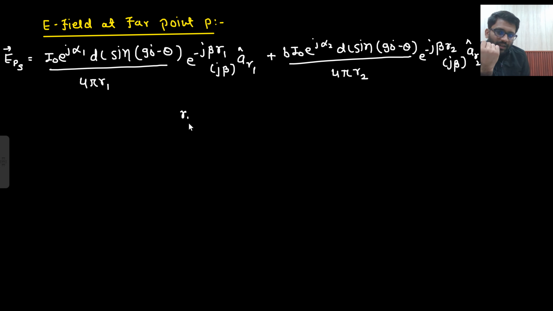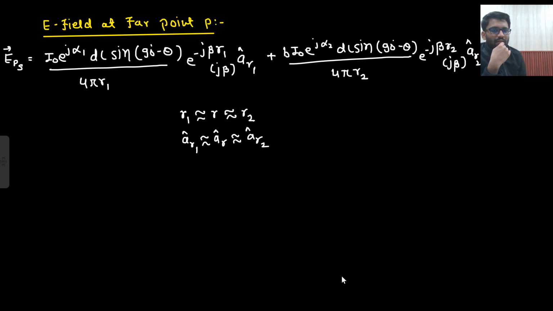Now you let me know one thing. r1 is nearly equal to r is nearly equal to r2. Say yes or no. So can I write down a r1 cap is nearly equal to a r cap is nearly equal to a r2 cap, right? But what did I say? That beta r1 is not nearly equal to beta r is not nearly equal to beta r2. So this beta r1 I am not going to change, this beta r2 I am not going to change.